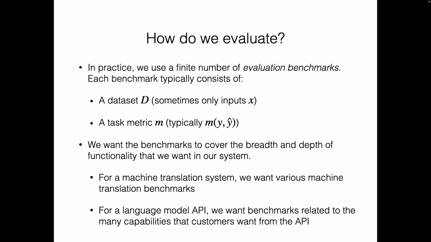In practice, typically we will use some finite number of these data sets, and each data set, along with its metric, you could call an evaluation data set or evaluation benchmark. Either the creator of a model or the community as a whole will create different data sets and they'll have some way of measuring performance.